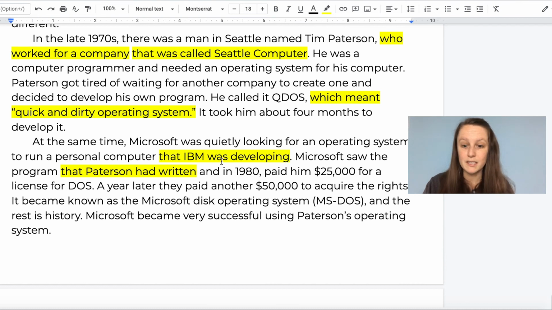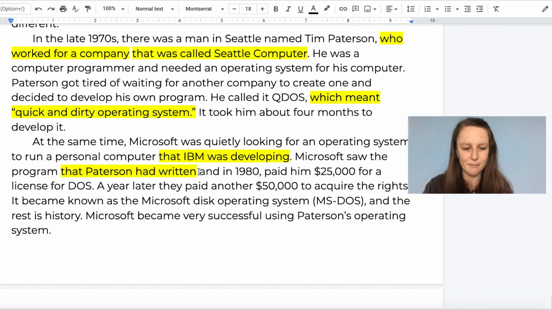And we're looking for a subject. The subject of this verb is the company IBM. So we know that our relative pronoun, that, is actually the object of this clause. If we rewrite the sentence, it comes out as IBM was developing a personal computer. So that relative pronoun is replacing the object of the independent sentence, so it's the object of the clause.